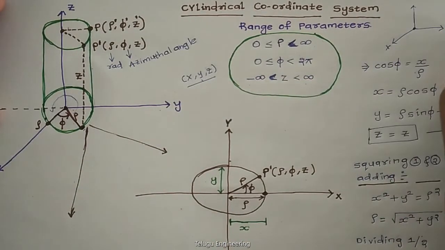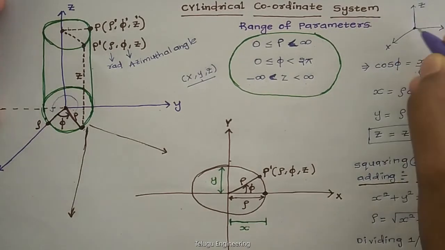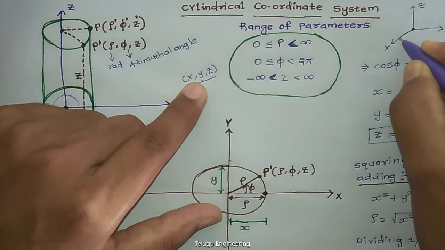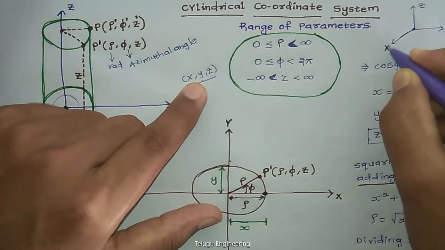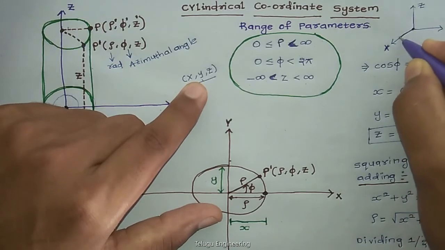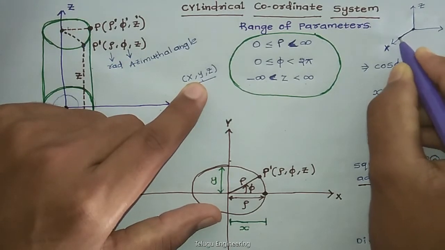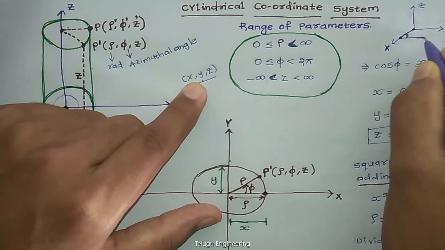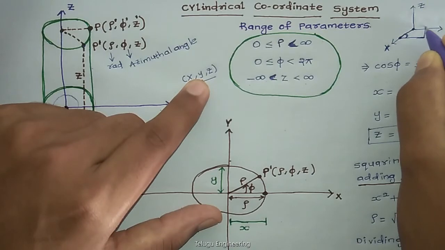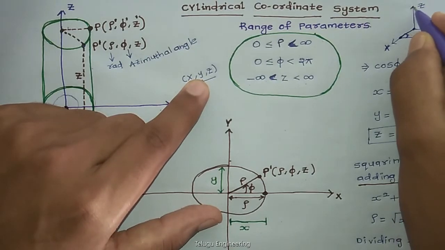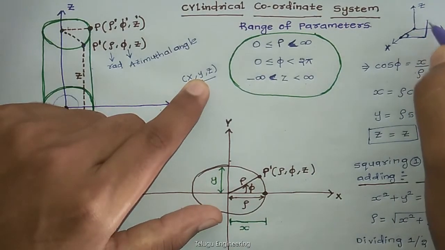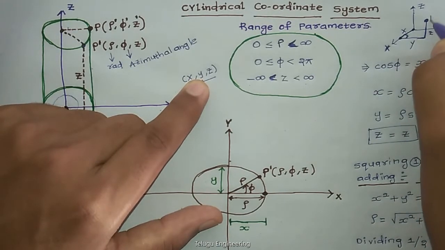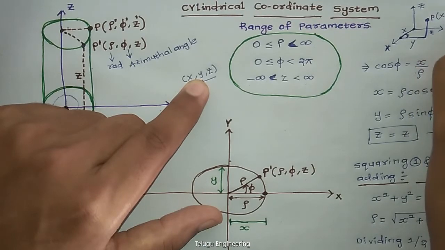Let this be the x-axis, this the y-axis, and this the z-axis. What x, y, z means is we have to move x distance in the x-axis. Later from that point, we have to move y distance perpendicular, in the y-axis, and if we move in the upward direction, that means parallel to this z-axis, z distance. This is x distance, y distance and z distance. So this point is known as x, y, z.